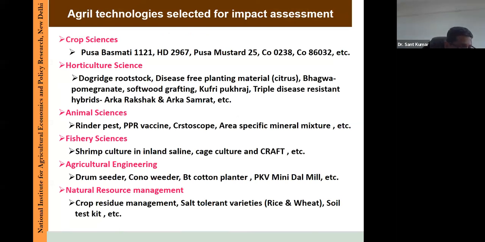The agricultural technologies which we evaluated at this institute include crop science related technologies, horticulture science related technologies, animal science related technologies, fishery science, agricultural engineering, and natural resource management. A total of 29 agricultural technologies we evaluated at this institute.